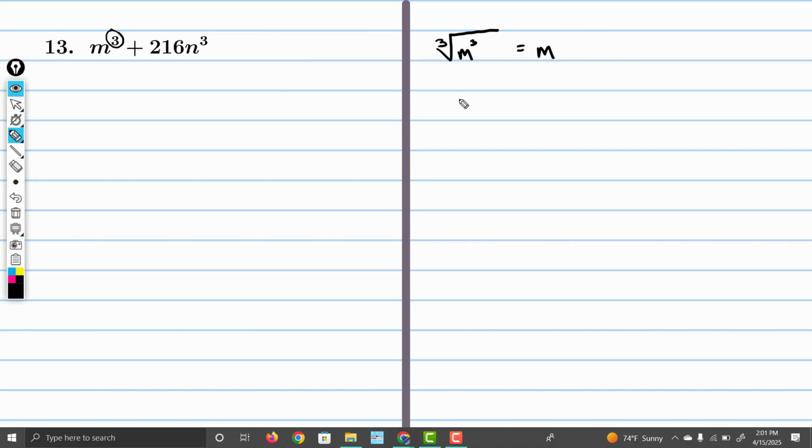And so that's going to give me m, the cube root of 216n cubed is equal to 6n. So my first parenthesis is m and a 6n. My second parenthesis, I use it to give myself space.